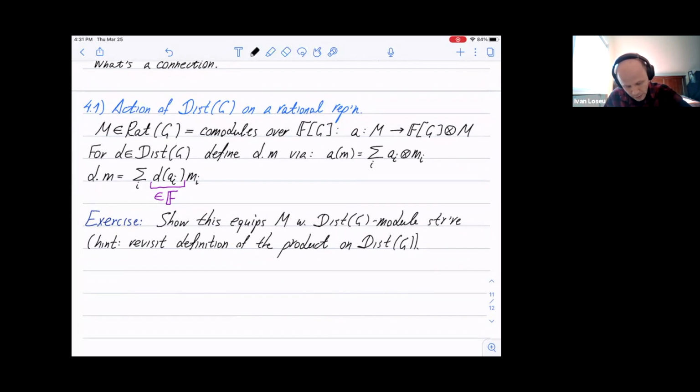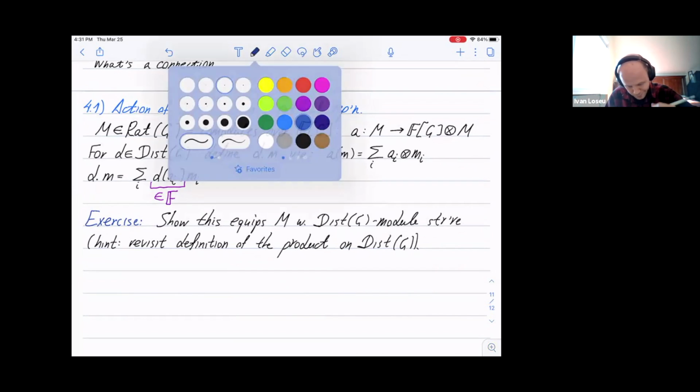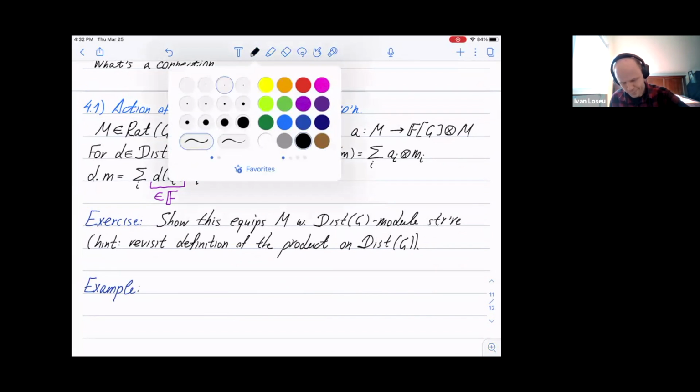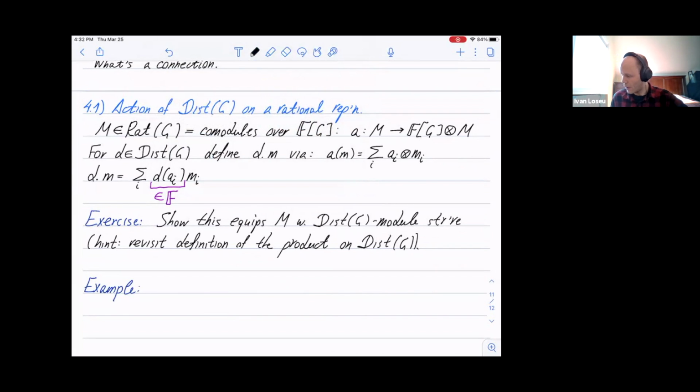Let's look at an example. The example is going to be for the additive group G_a. So what do we get here? A representation is an algebraic group homomorphism.